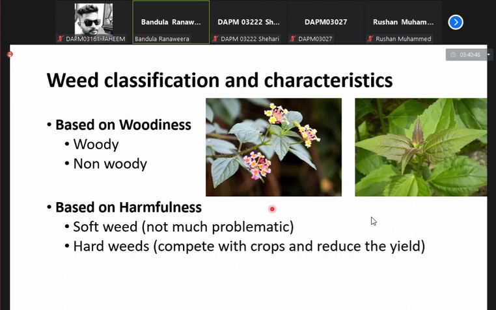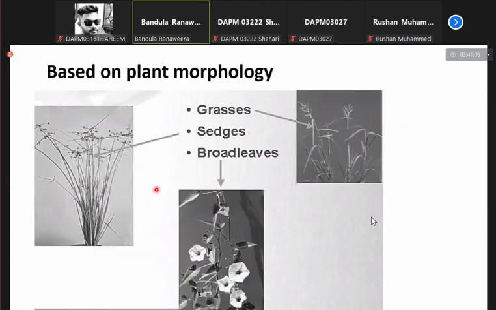So those are actually the behavioral, and this is a kind of anatomical characteristic, woodiness. Then a little bit more complex classification is based on the plant morphology, that means the outer appearance of the plant.